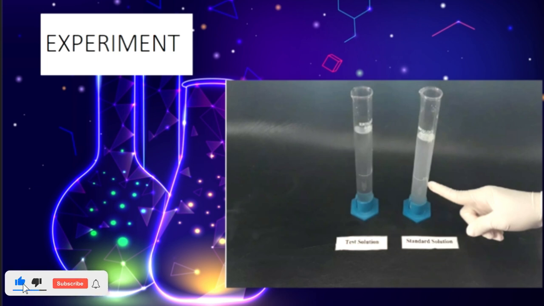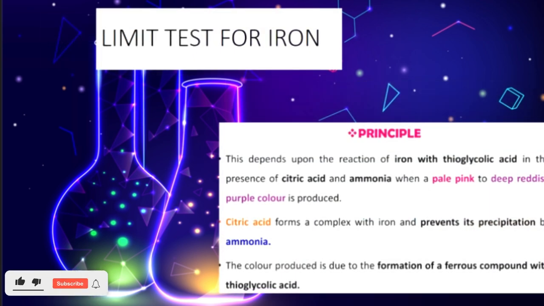So next we are going to learn about the limit test for iron. The limit test is a quantitative or semi-quantitative test designed to identify and control small quantities of impurities likely to be present in the iron. The limit test of iron is based on the reaction between ferrous iron and thioglycolic acid in the presence of citric acid in an ammoniacal solution, producing a pale pink to deep reddish color.